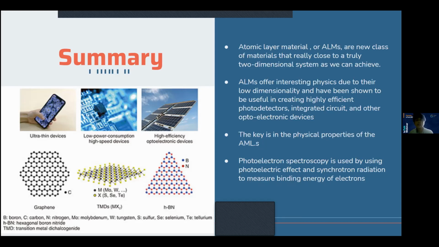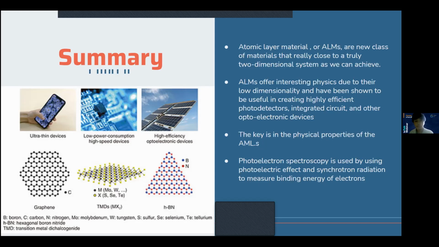So actually, what is the key of this wonderful material, of these wonderful physical properties? The key is in the properties of the ALMs themselves. Their two-dimensional, low dimensionality properties could be used for many functions.